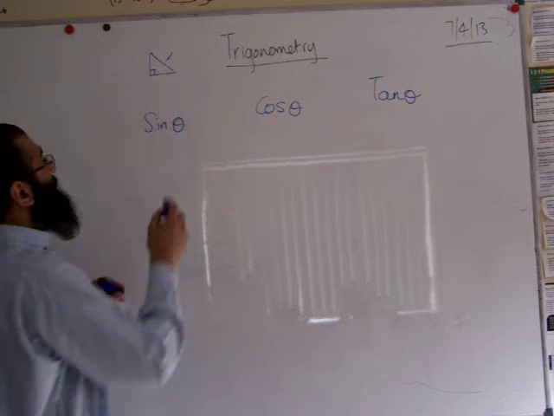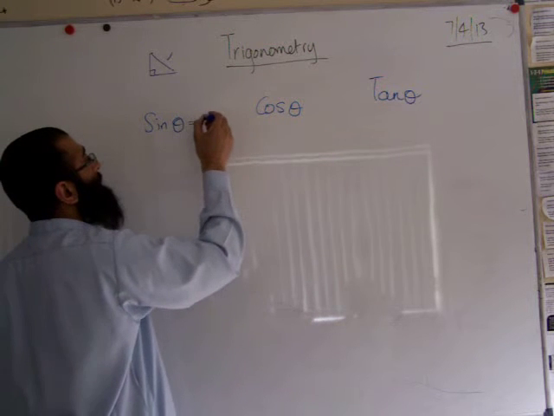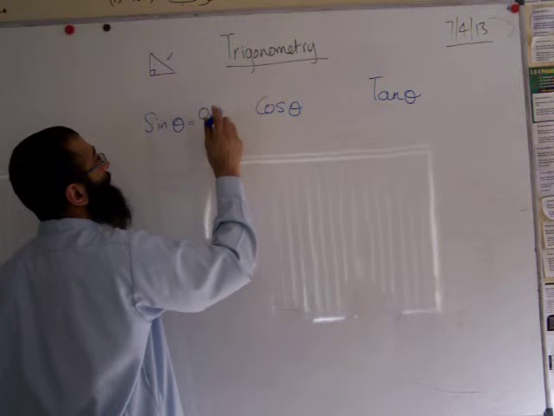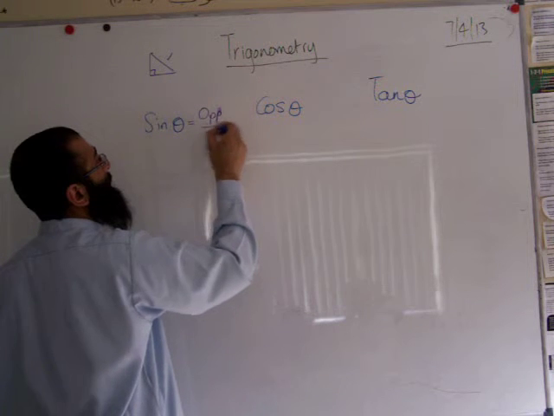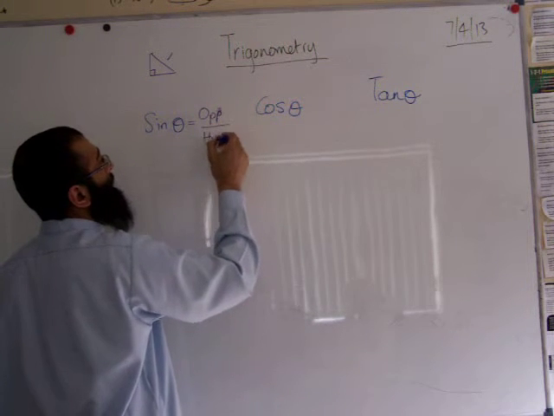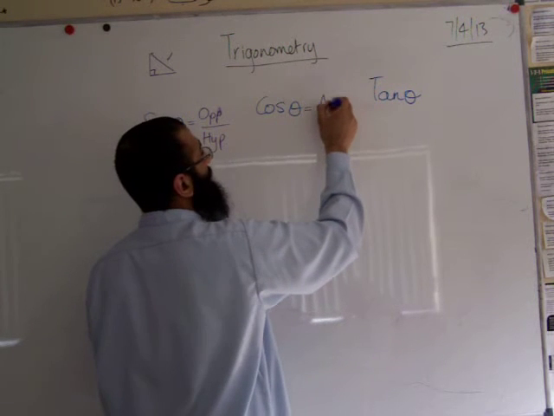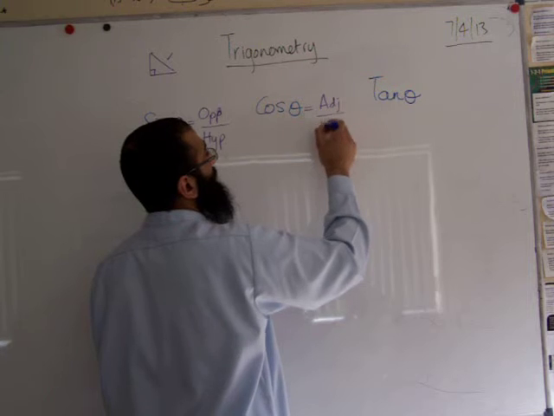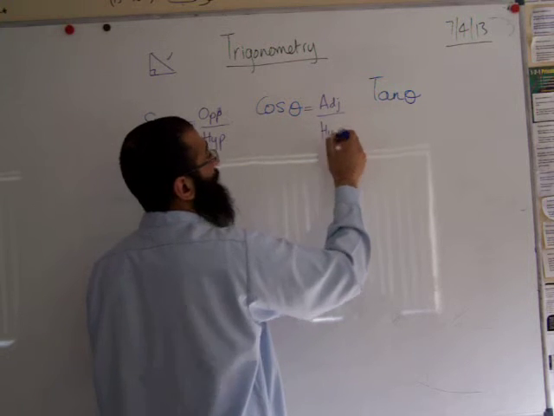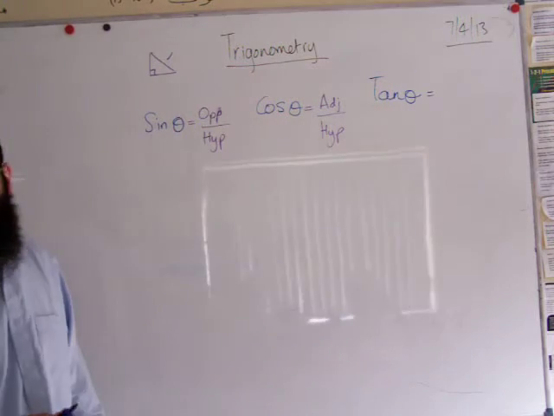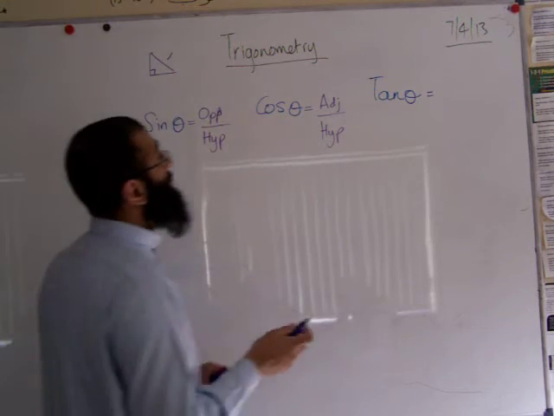Now, sin of an angle, okay. Let's write this down. These are our identities in their purest form.